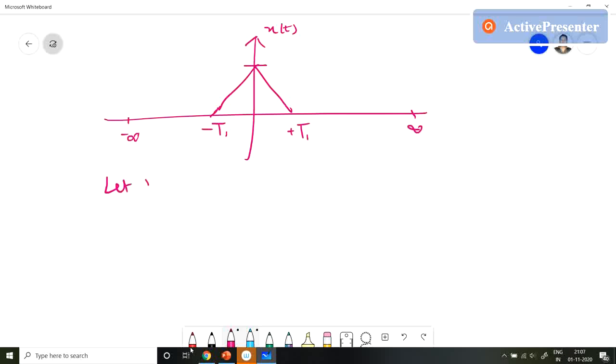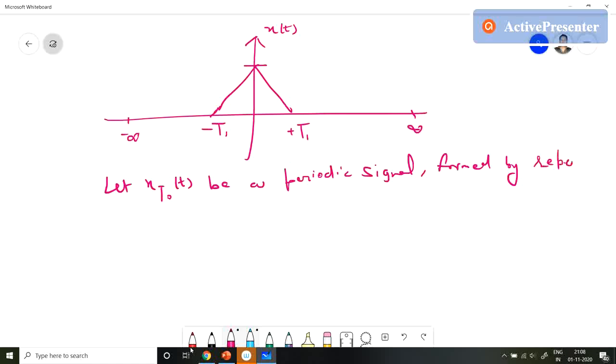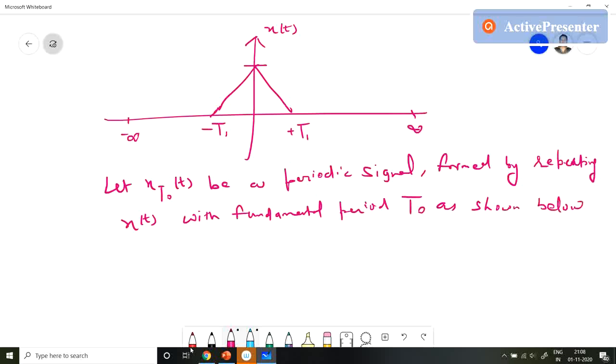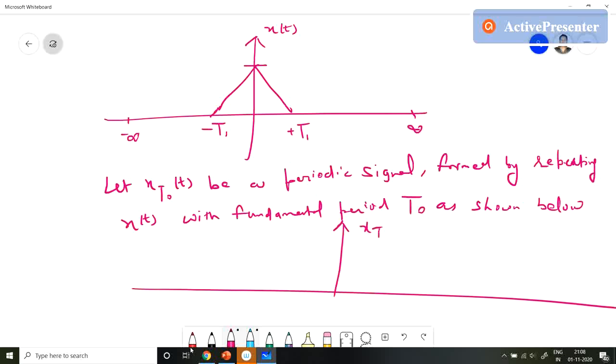Let x_T0(t) be a periodic signal, formed by repeating x(t) with fundamental period T naught, as shown below.